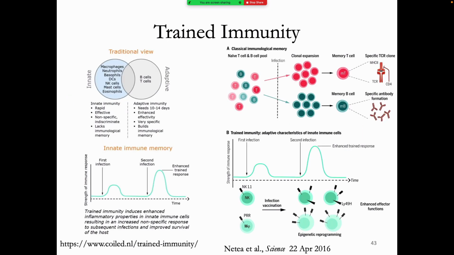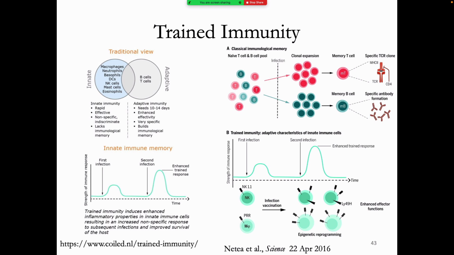And most of the time people talk about it as this arm of trained immunity, where in fact you can see many different innate cell types that change their responses after they've seen antigen. The specific mechanisms of how this works are a little different than what we see with adaptive immunity.